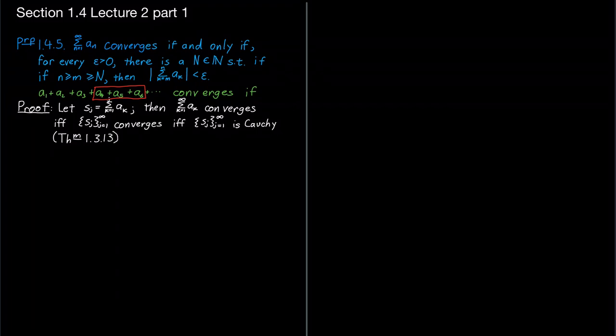We saw that a sequence of real numbers converges if and only if it's Cauchy, and by definition, a series converges if and only if the sequence of partial sums converges. So our goal, what we want to show, is that the sequence is Cauchy. So that is our goal.